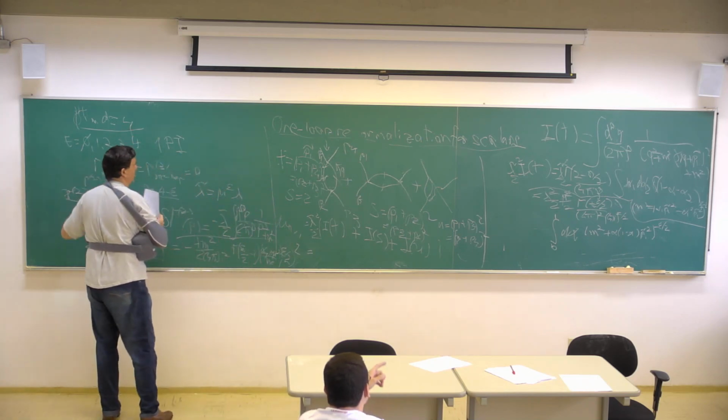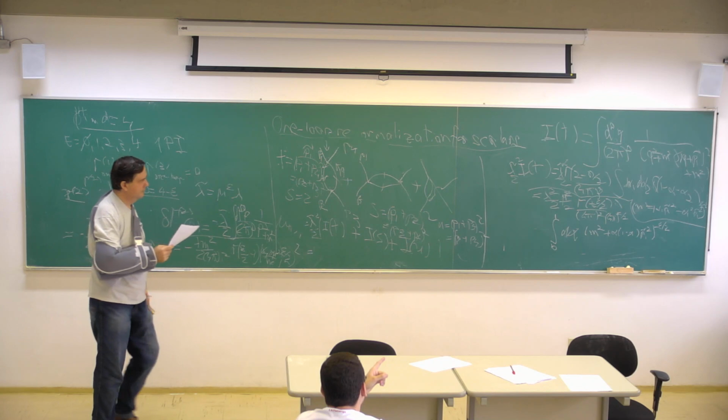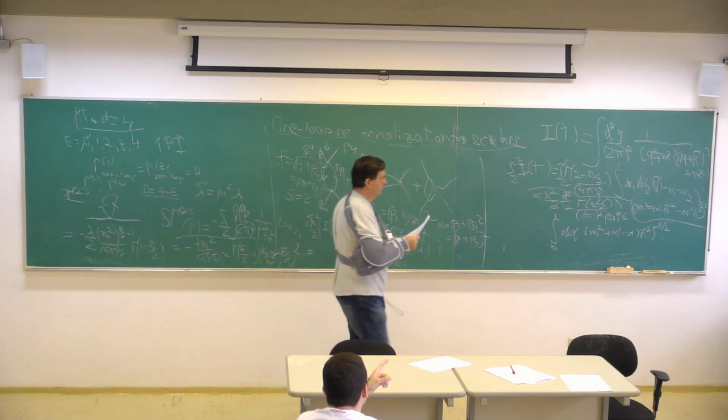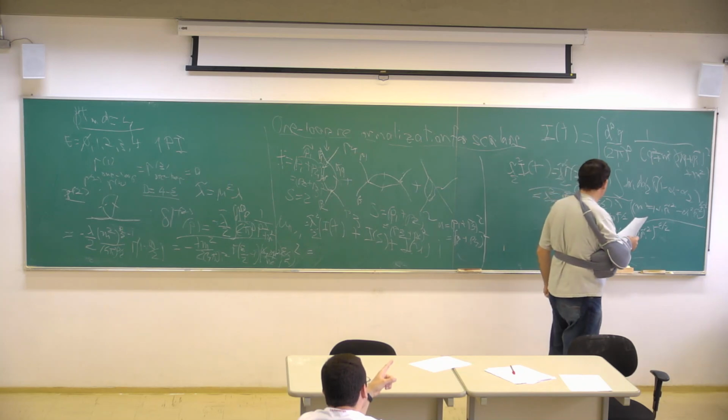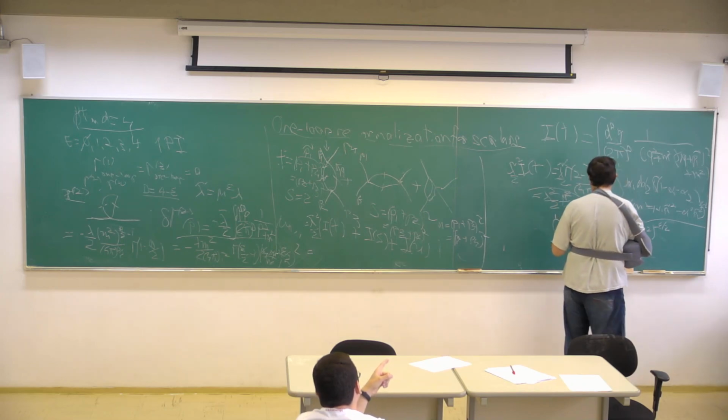Excuse me, Professor, we are working in dimensions 4 minus epsilon, right? Yeah. So the 4 pi in the denominator should be to the power minus epsilon over 2, right? Right. Yeah, it is, it's just a typo. Sorry.